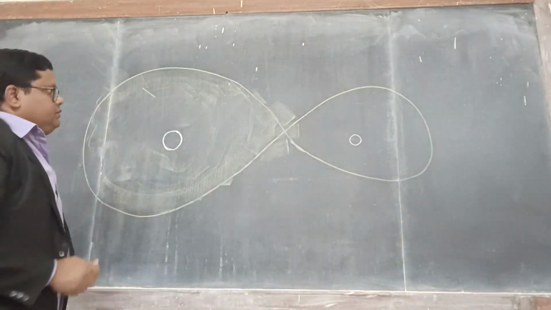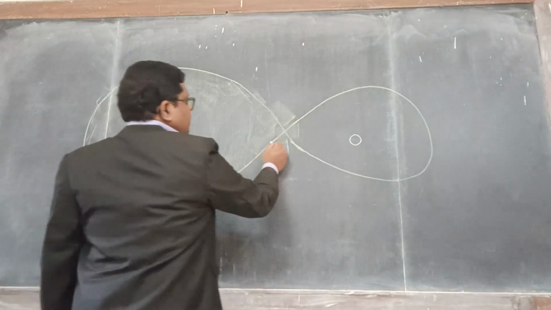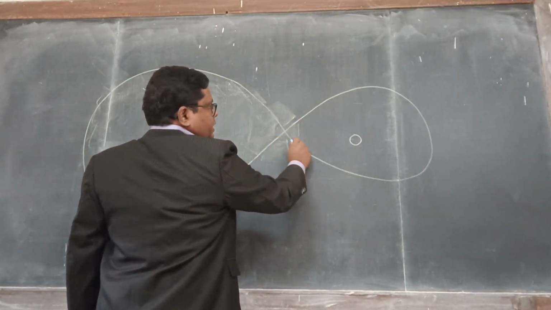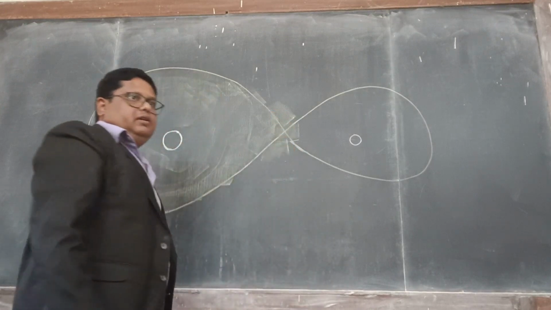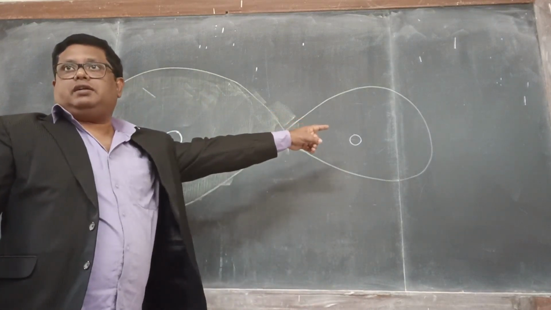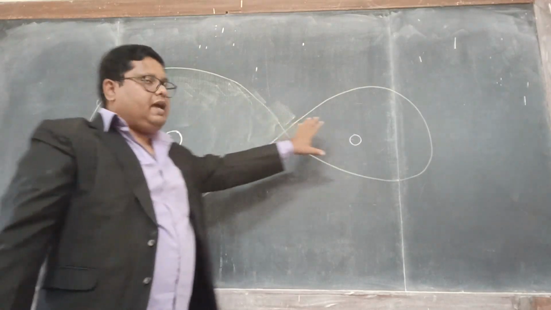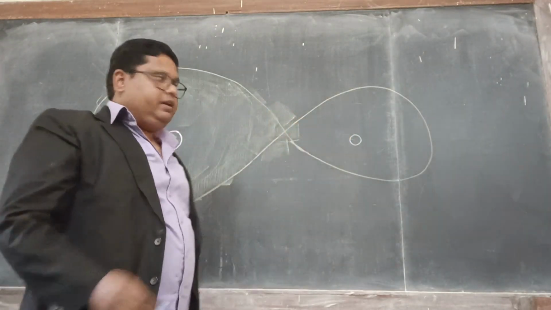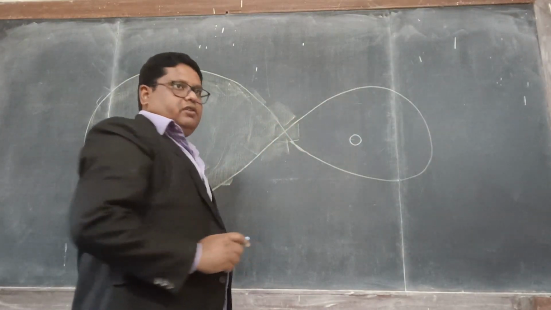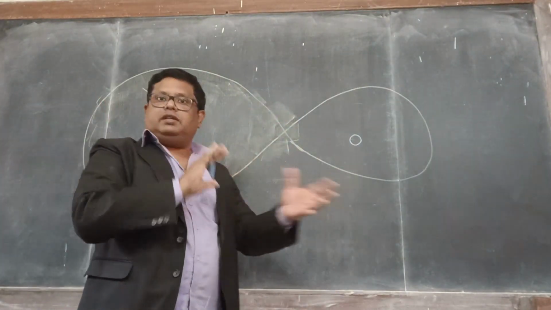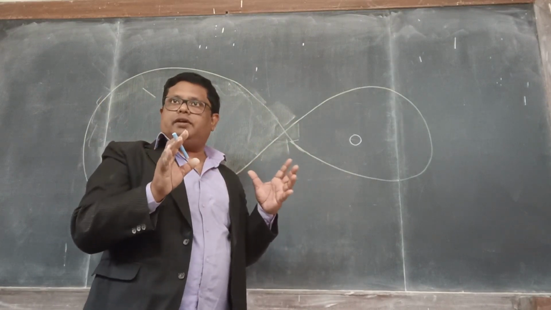Now see what happens. Suppose there is some mass which escapes from this point and enters the field of this star. This is donor star, this is acceptor star. Now let me draw the trajectory of the mass. First of all, the whole thing is rotating. There is a rotational frame, right?